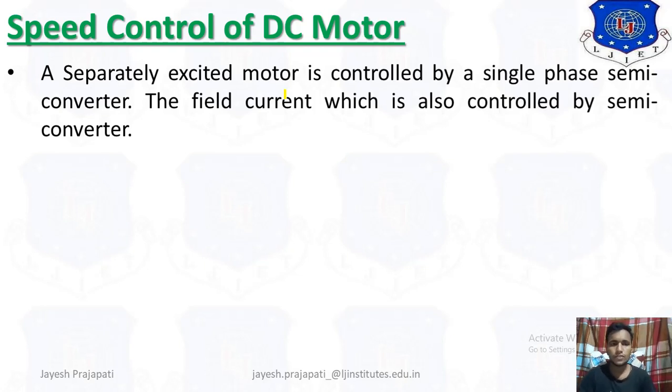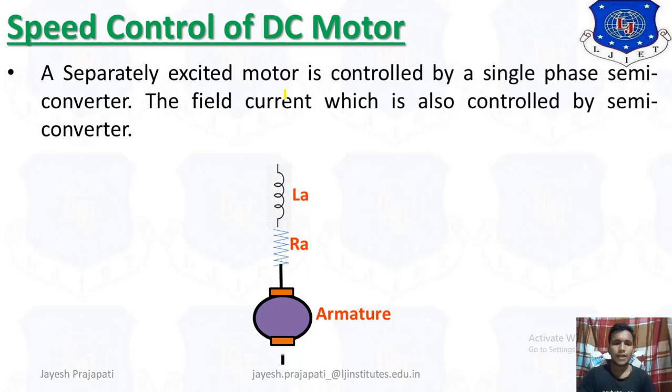If we see the figure for this DC motor, it is like this. That is the armature, then armature resistance, armature inductance, and this is connected. Now we know that it is a separately excited motor, so we have the field winding as separate.